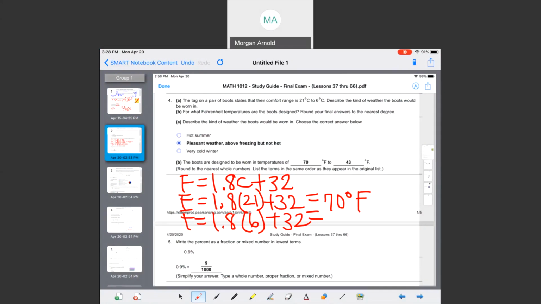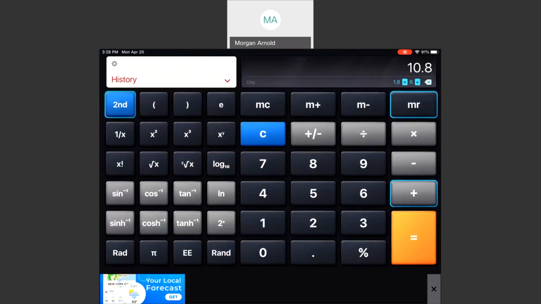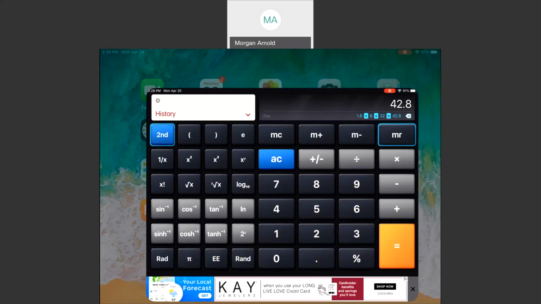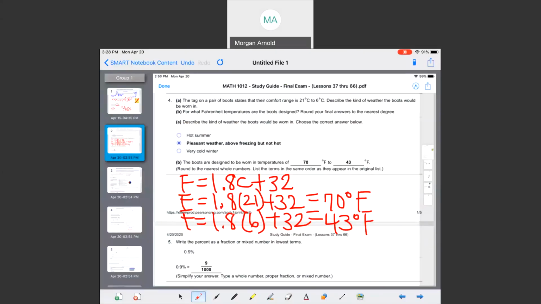So 1.8 times 6 plus 32 degrees. And that would be about 43 degrees roughly. So now we can answer part A. Not very cold. It's ranging from pleasant weather to above freezing, but not too hot. And then we've already answered part B.